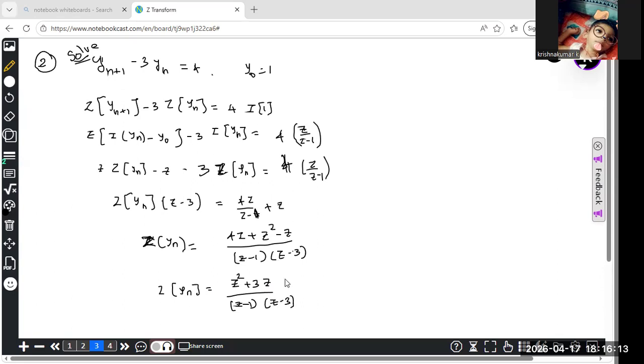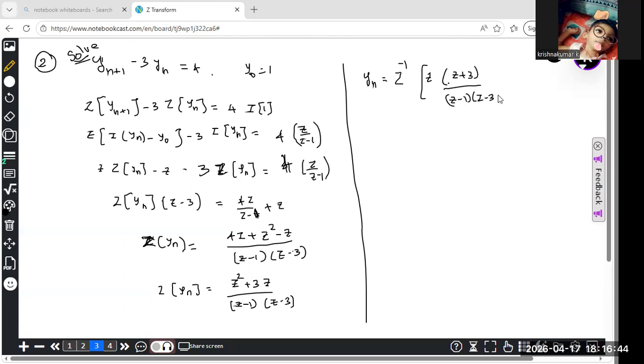Okay, so as I told earlier, we can keep one z in the numerator. So if we keep that z in the numerator, then y(n) is equal to inverse z transform of z times z plus 3, whole divided by z minus 1 into z minus 3.